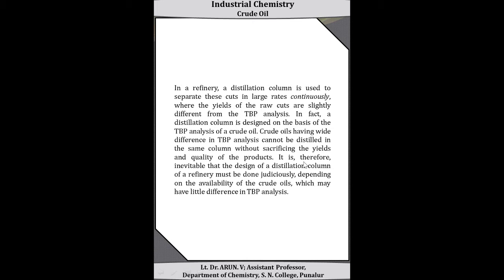Crude oils having wide differences in TBP analysis cannot be distilled in the same column without sacrificing the yield and quality of the product. It is therefore inevitable that the design of a distillation column of a refinery must be done judiciously depending on the availability of the crude oils, which may have little differences in the TBP analysis.